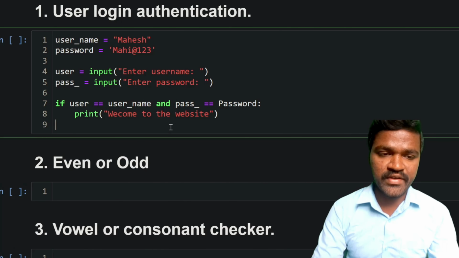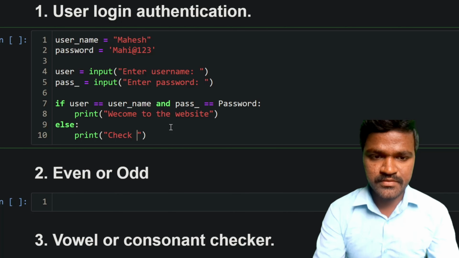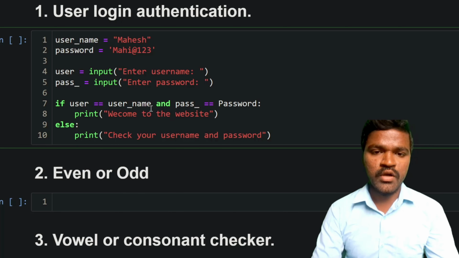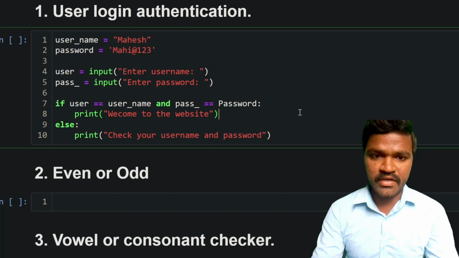If this condition fails, at that time we are printing check your credentials, check your username and password. I hope you have understood this program. Now we will be executing this program and see the output.